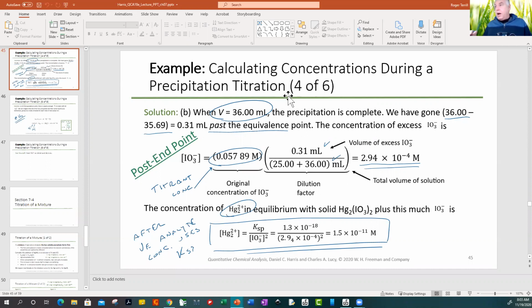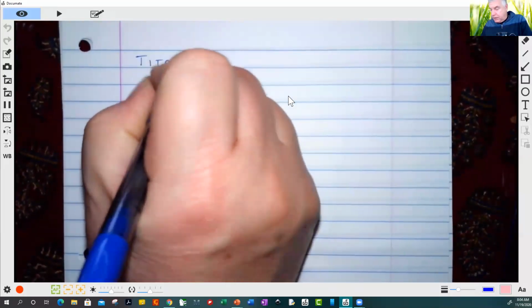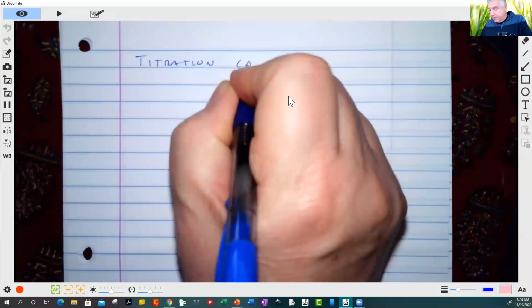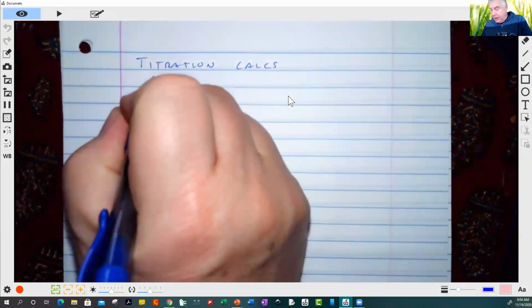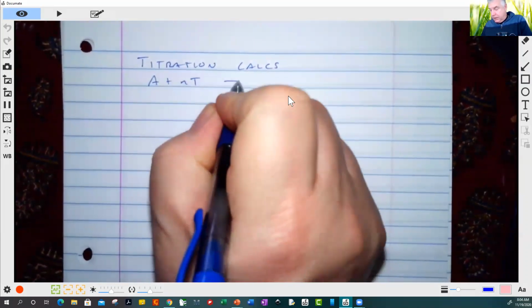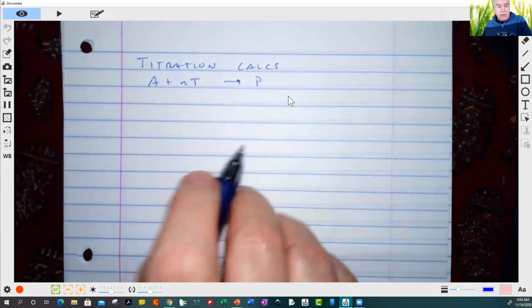Let's see here. There we go, that's what I'm looking for. For titration calculations, I have A plus nT goes to products, whatever they are.